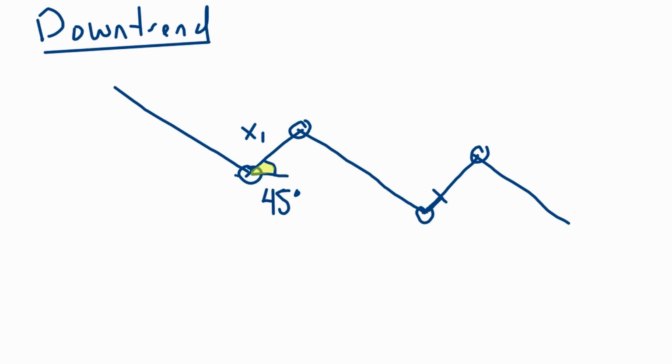So assuming that you don't have these parts, of course you need to make sure that it's a downtrend. Basically you need to have two points, a lower high and a lower low. Let's say here you are going up slightly, so at least it covers 1/3 of your x1. Then you can try to measure the angle of attack of this portion.